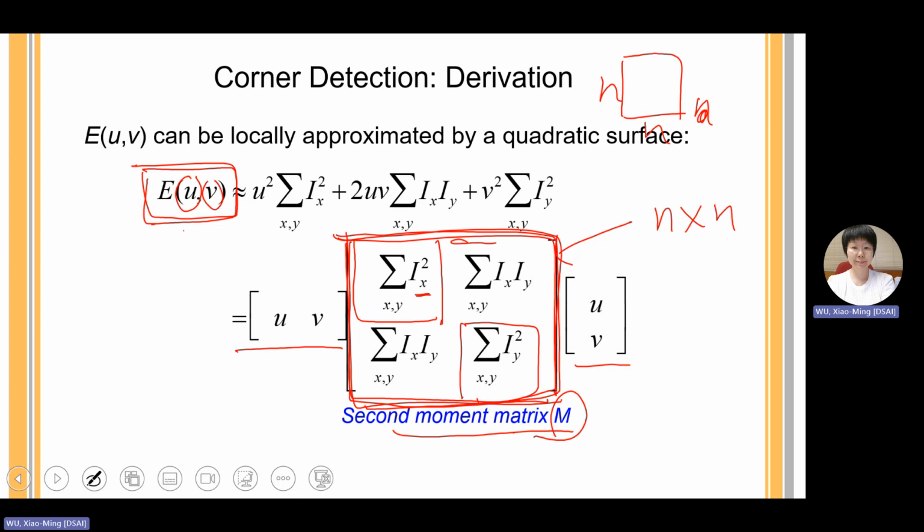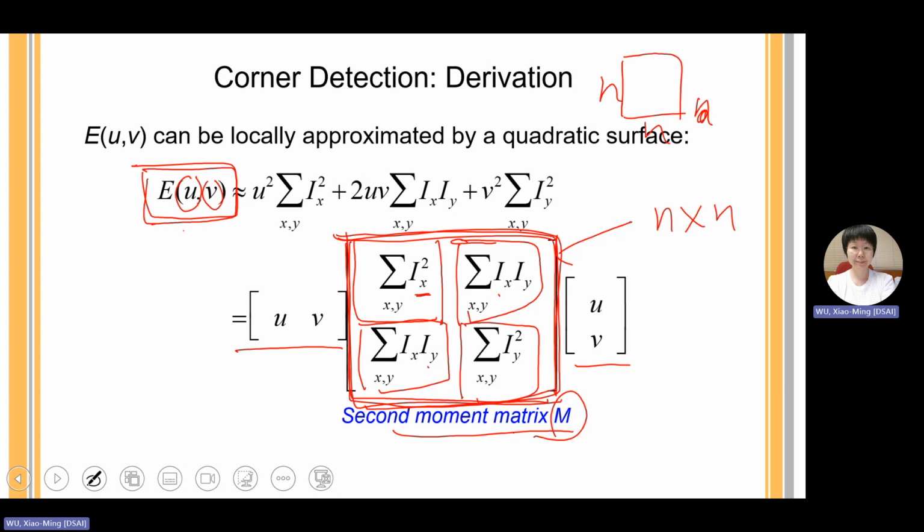For the off-diagonal terms, the two off-diagonal terms are exactly the same. So this matrix is symmetric.